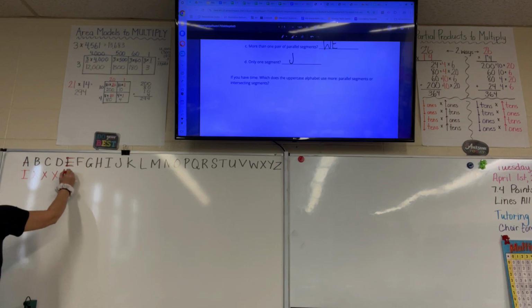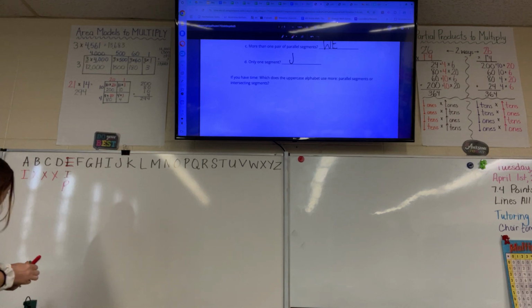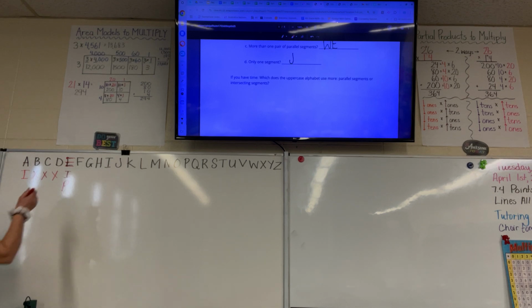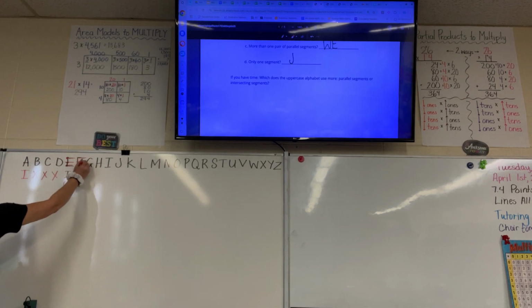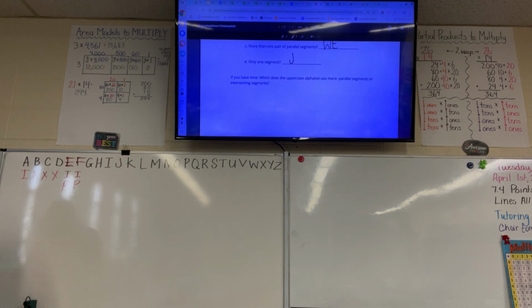So this would be intersecting and parallel. Okay. What about F, Colton? Both. Yep. So this and this are parallel, and here they intersect. So intersecting and parallel. Okay, G we're gonna skip because it's got a curve.